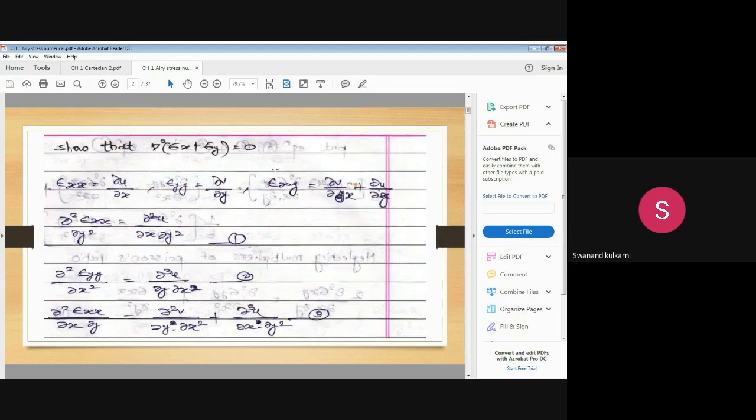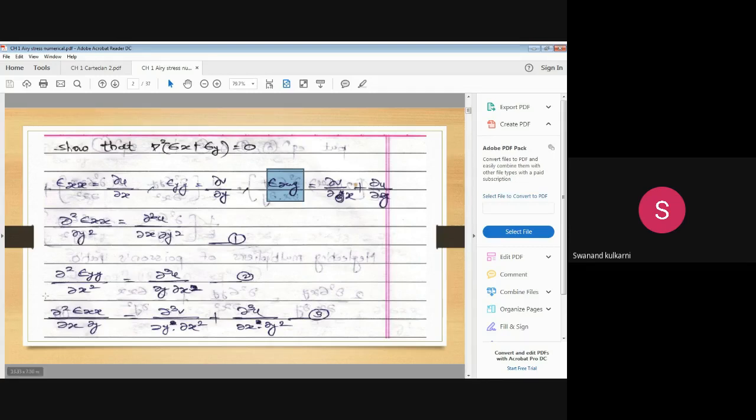Then this third equation, that is γxy = ∂v/∂x + ∂u/∂y. This particular equation we are now going to differentiate with respect to x and with respect to y. If we differentiate εxy with respect to x first, it will become ∂εxy/∂x, and when we differentiate the same equation with respect to y, it will become ∂²εxy/∂x∂y.